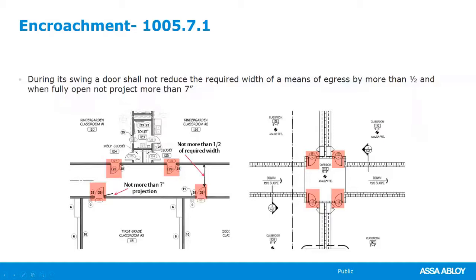But many times you'll see doors that swing into patient rooms instead of out. It gets to be a little problematic when you have behavioral health care. Do you swing the doors in and risk them barricading the doors? And if they do barricade the doors, there are some hardware solutions that will help prevent that. But if you swing the door out, you need to be aware of the encroachment portion of the code.